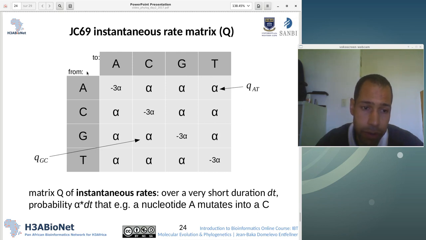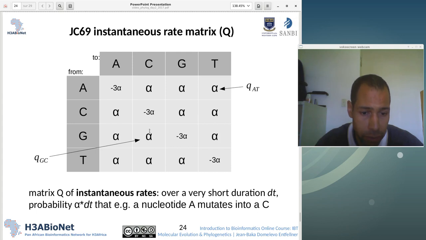Here you see a matrix of 4 by 4, because you have 4 nucleotides, and the alphabet is ACGT. The rows denote substitutions from a single nucleotide, and the columns are substitutions to a certain nucleotide.